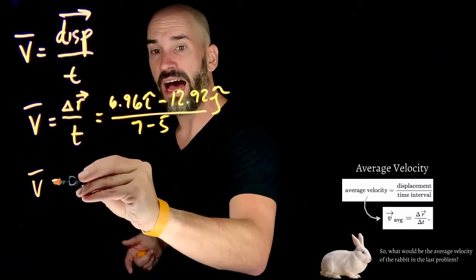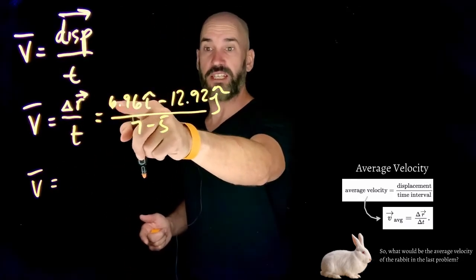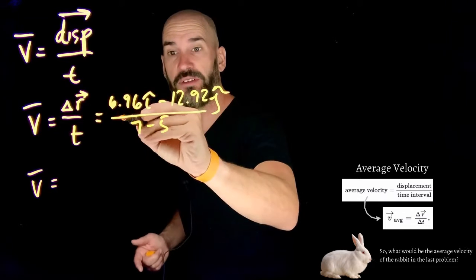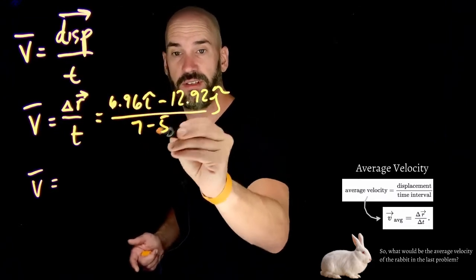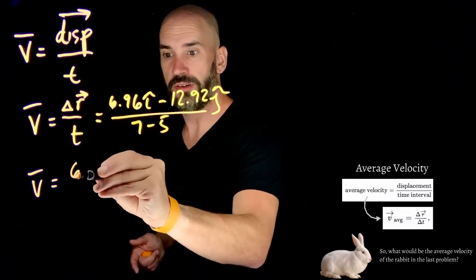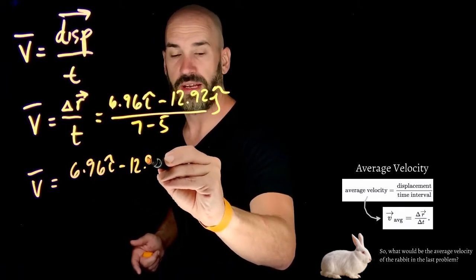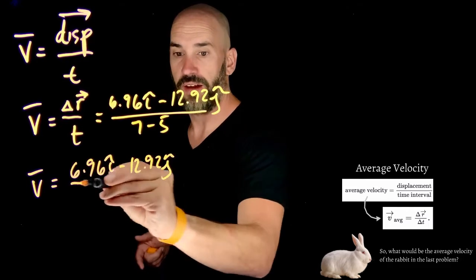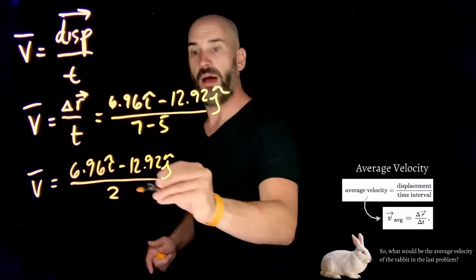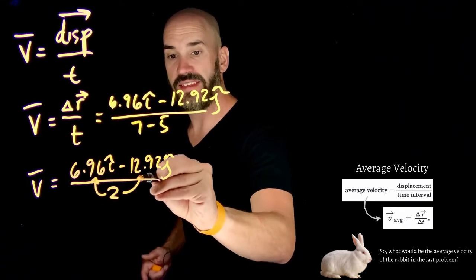And so I take 6.96 and 12.92 and divide each of these by 2. So I'll just rewrite here: 6.96 i minus 12.92 j, divided by 2. I want to divide this one by 2 and this one by 2.